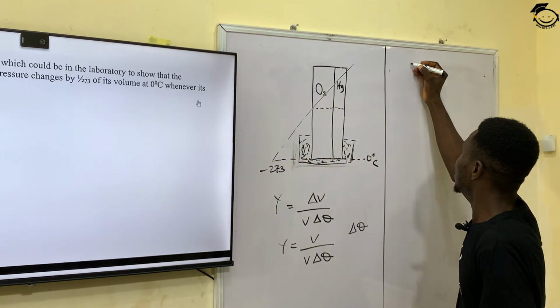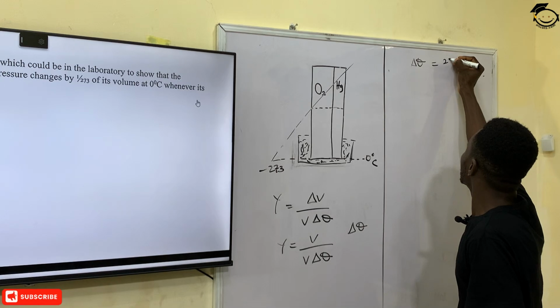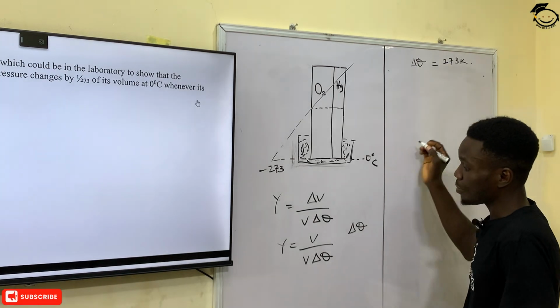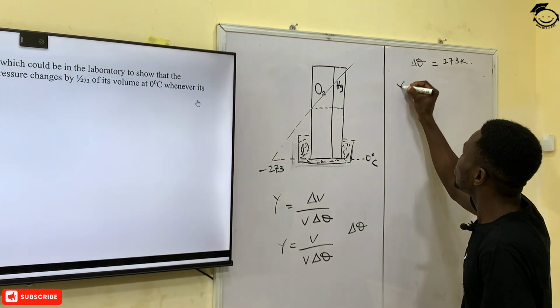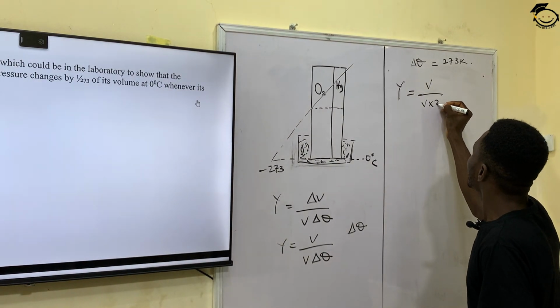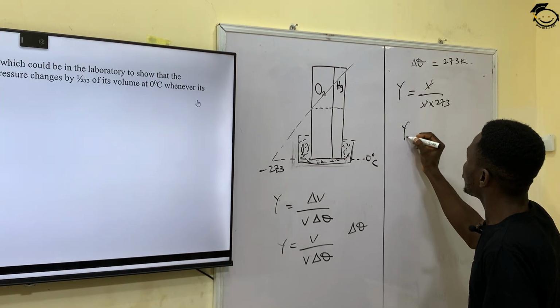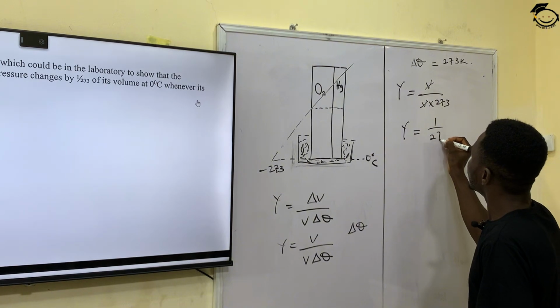So since it is measured in Kelvin, this means that my change in temperature is equal to 273 Kelvin. So this can be written to say that my cubic expansivity is equal to the volume all over the volume times 273, which is the same as saying that volume will cancel out volume. It means that my cubic expansivity is 1 over 273.